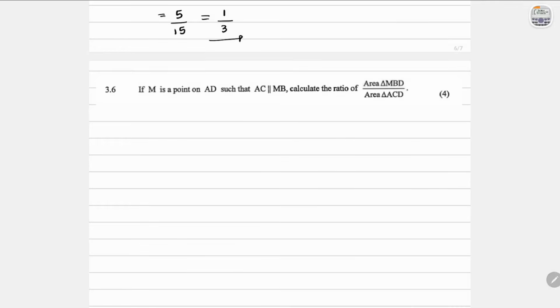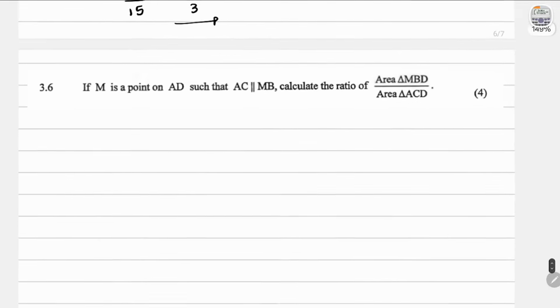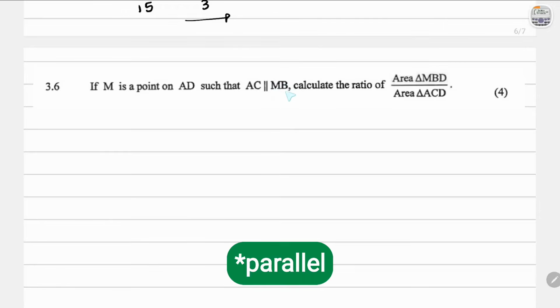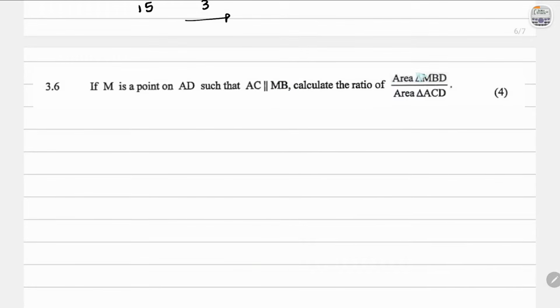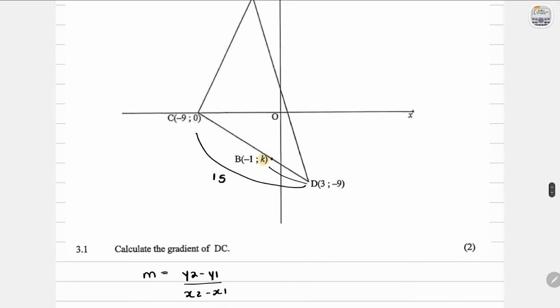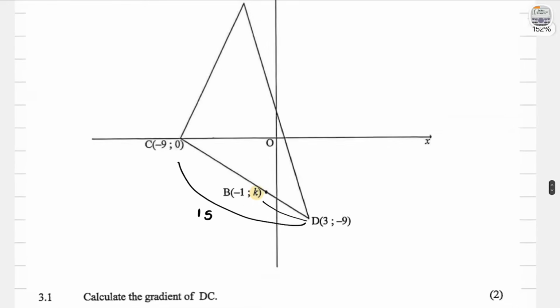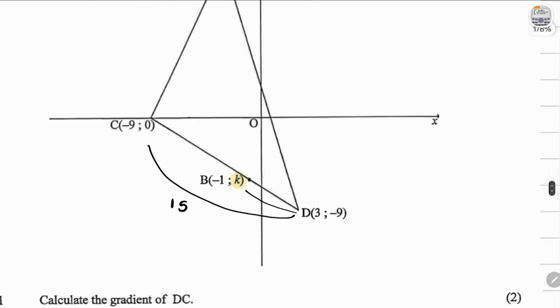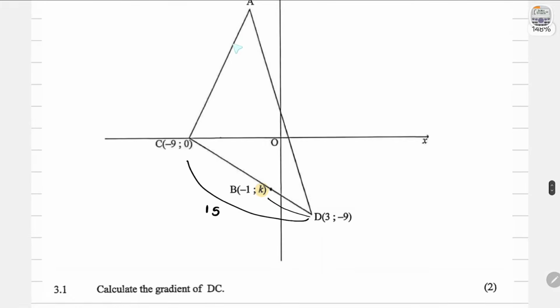We are on 3.6, and it says, if M is a point on AD such that AC is perpendicular to MB, calculate the ratio of triangle MBD over triangle ACD. You can kind of already see what they're doing here. They're taking this triangle and saying there's a point M on AD such that AC is parallel to the new line that gets drawn.